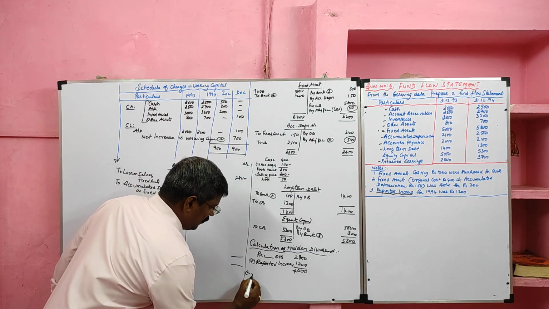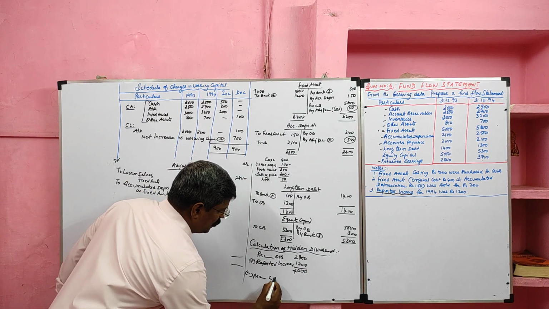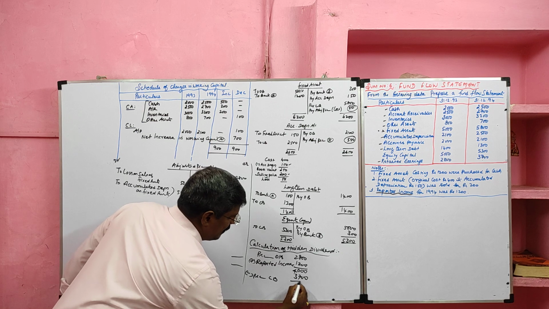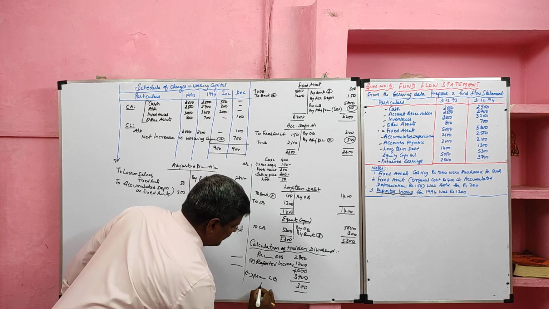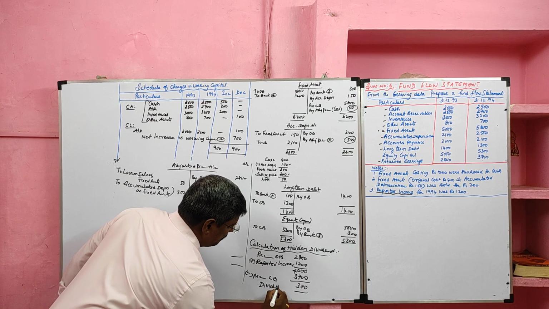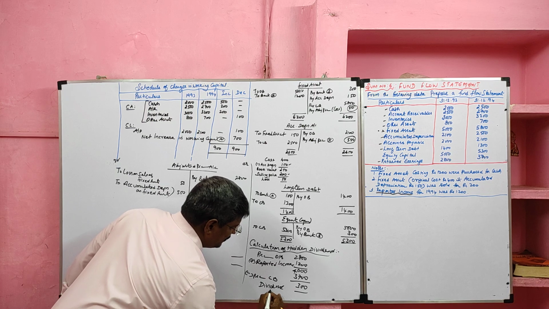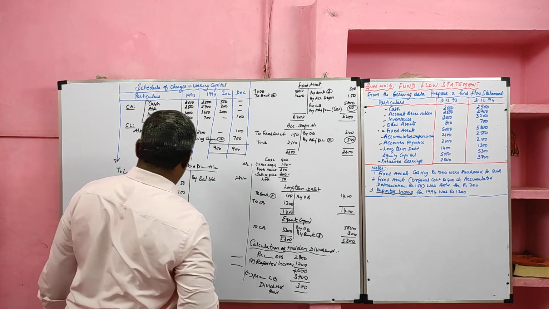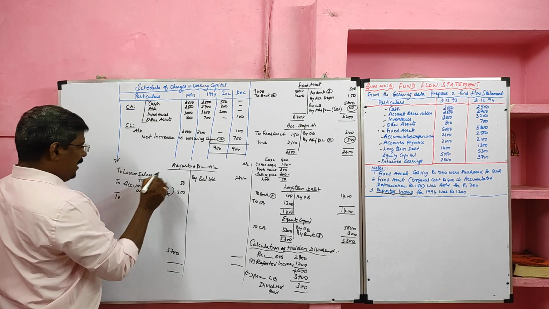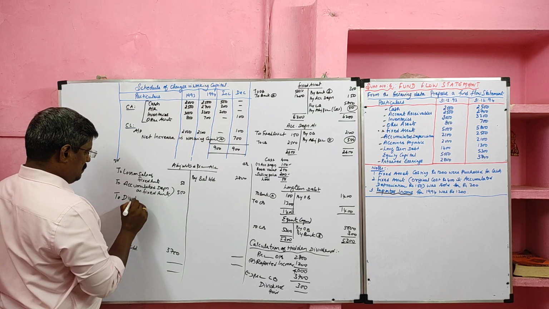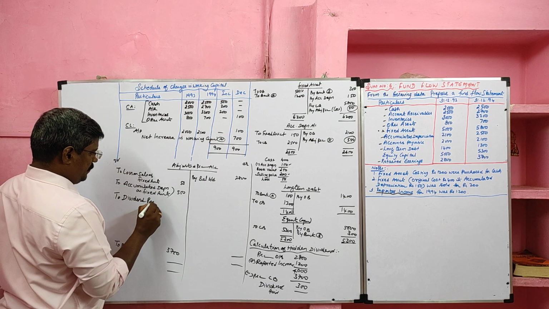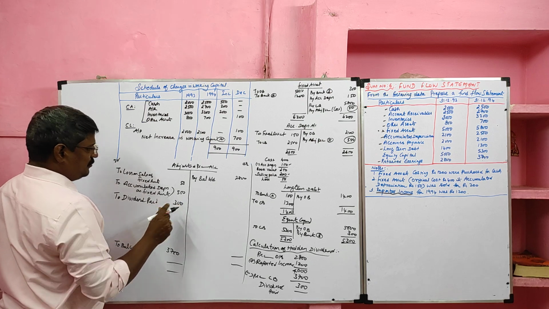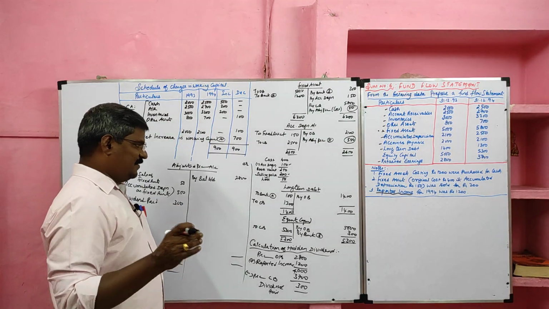So deduct profit and loss account closing balance. Balance we are getting 300, that we call dividend paid. This dividend paid should be debited to the adjusted profit loss account. And it will appear in the application side of fund flow statement.